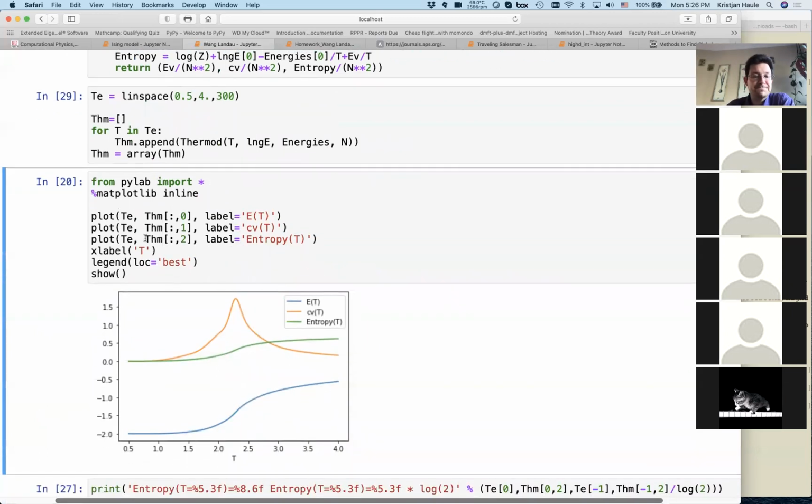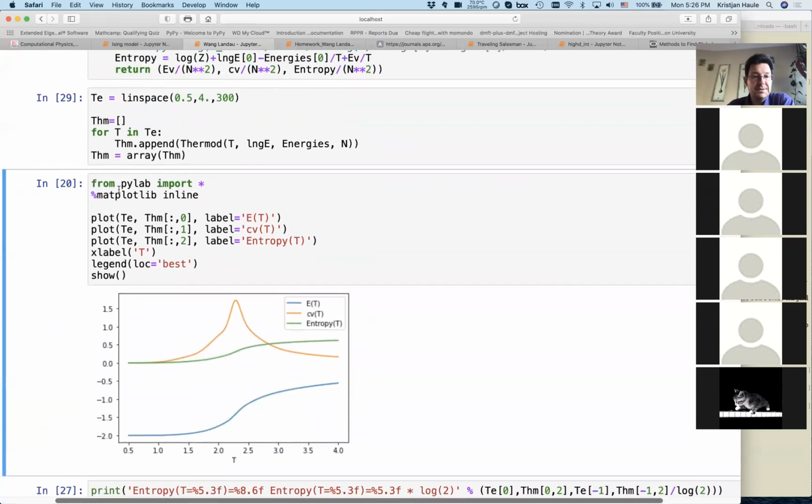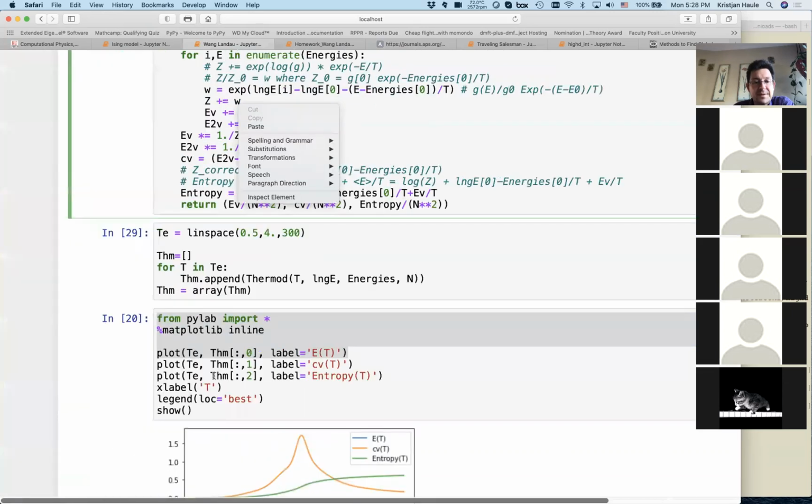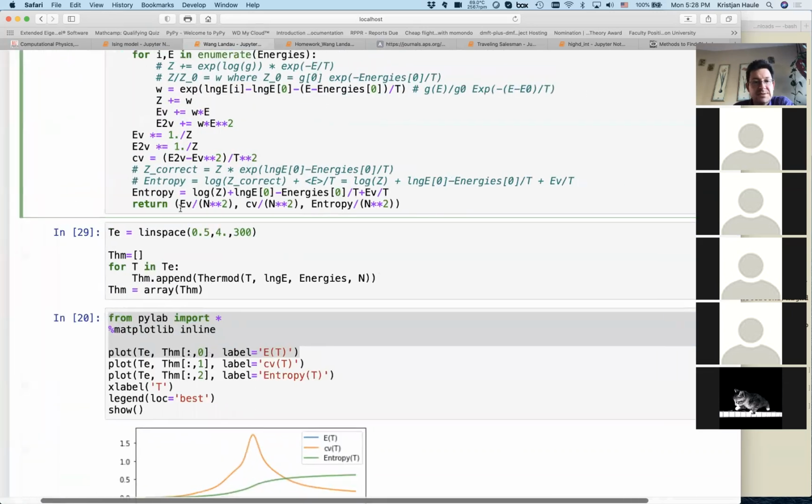Here it's a very, very standard thing. We import PyLab, and then we plot the first column in the thermodynamic relation, which is total energy. So these quantities appear exactly as they were returned from the thermodynamics.